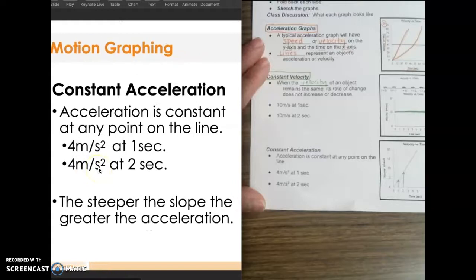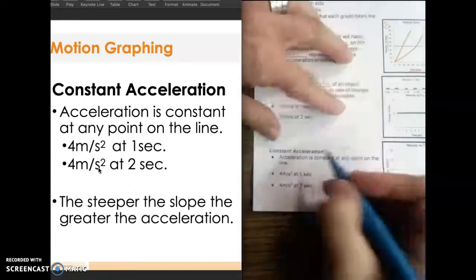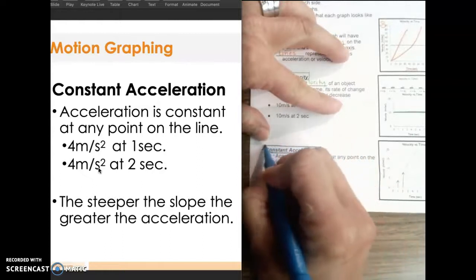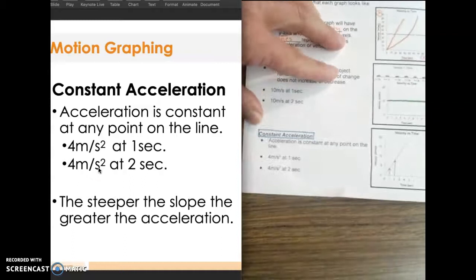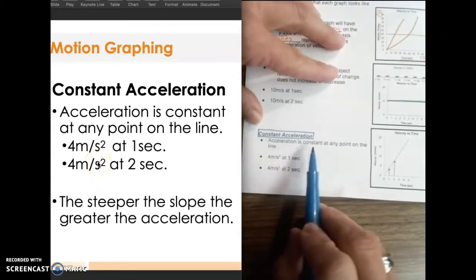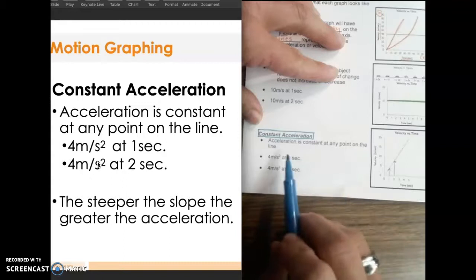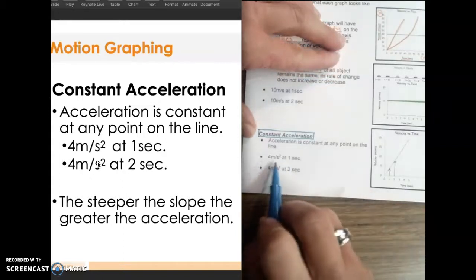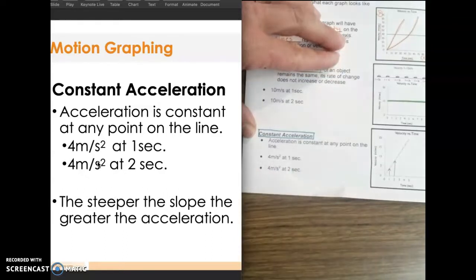There we go. Constant acceleration. Okay, on this one, acceleration is constant at any point on the line. Here are some examples. 4 meters per second squared at 1 second and 4 meters per second squared at 2 seconds.